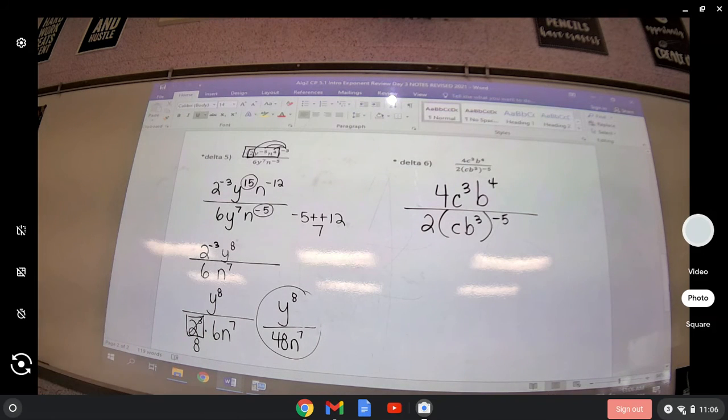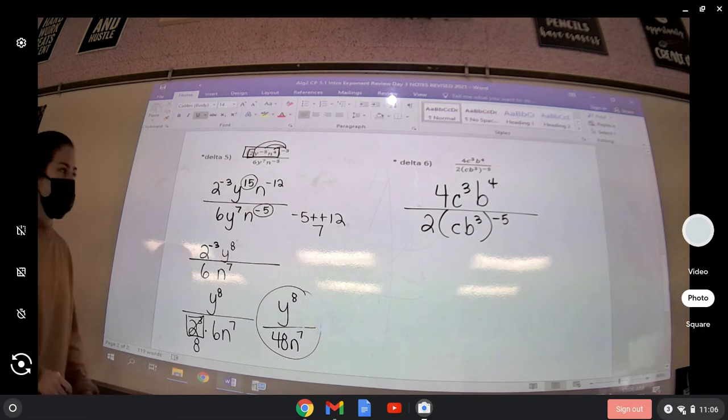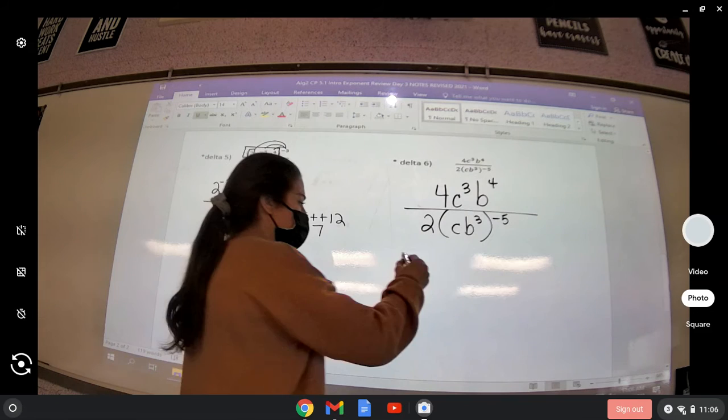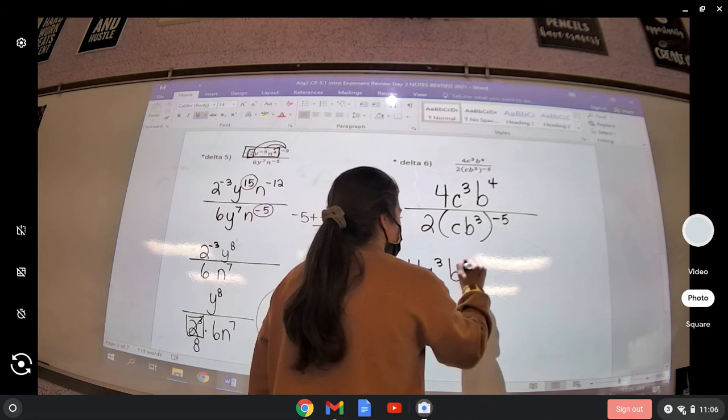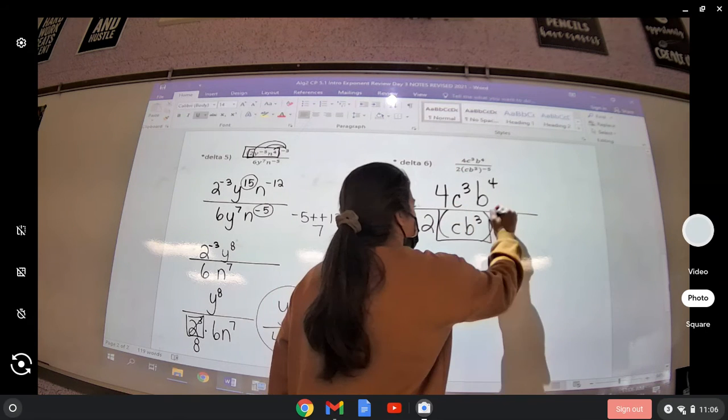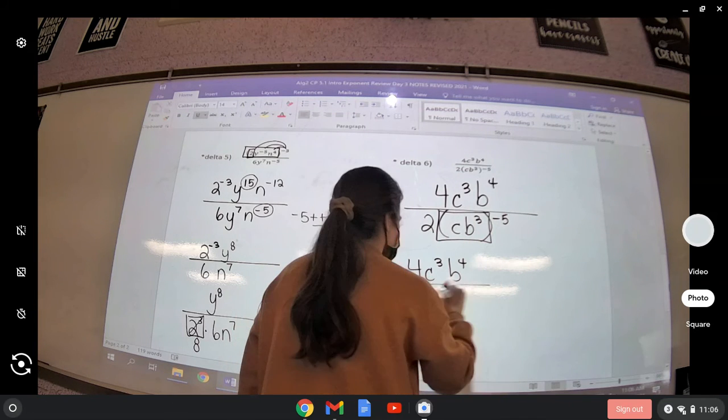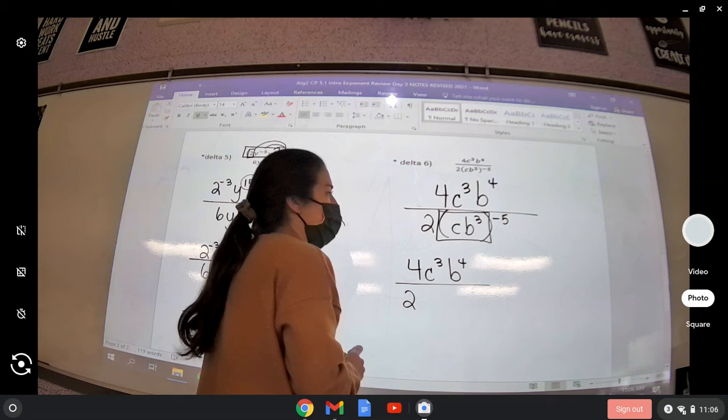Go ahead, Angel, what you got? So our top should stay. We're working on this part of the problem right now. So 2's hanging out.